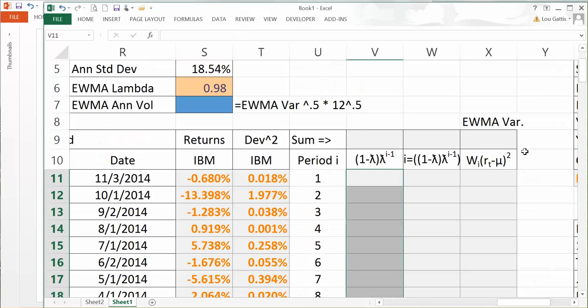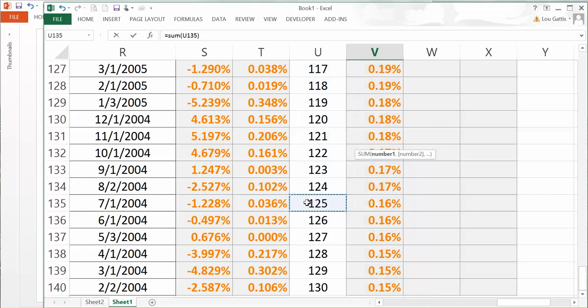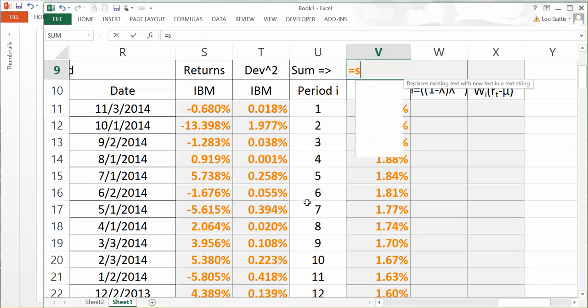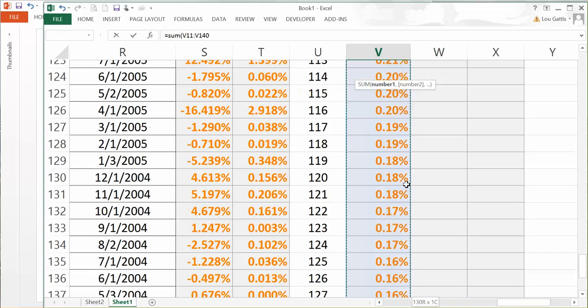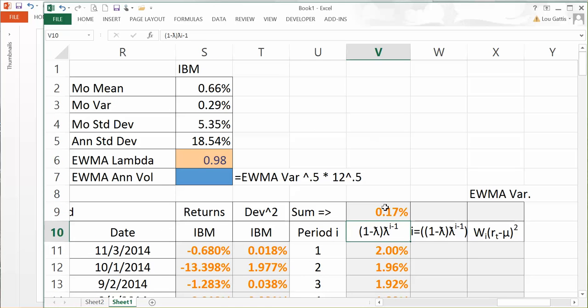But there's a problem with these weights. If I add them up, you can see they don't add up to 100%.